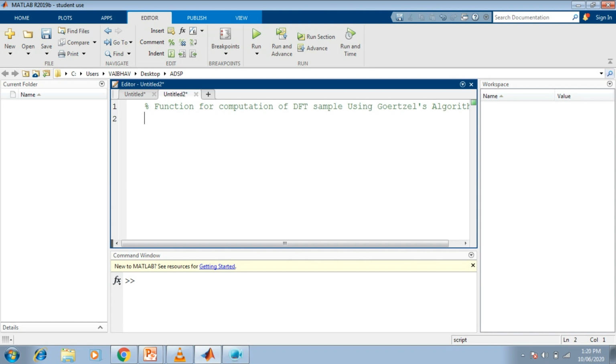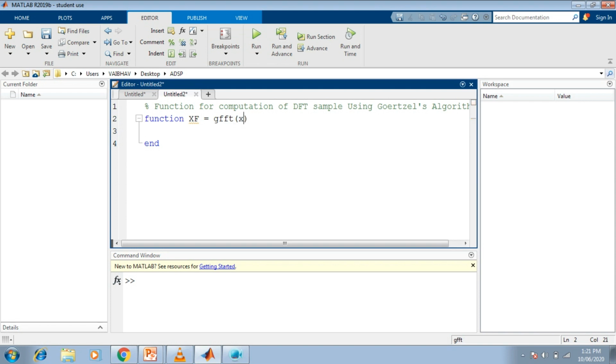Now we have to make use of the function keyword, and next to that the end keyword, and between these two we have to develop it. After the function keyword, the output variable that holds the value after calling this function, we give it the name capital X capital F, and let us have this function named GFFT: FFT for fast Fourier transformation, G for Goertzel's algorithm here, and we would like to have three input operands.